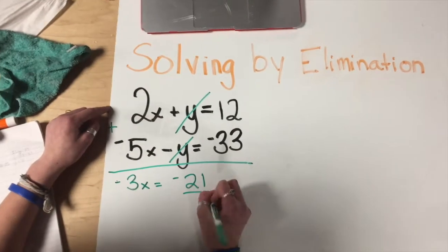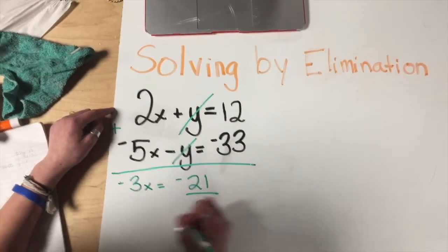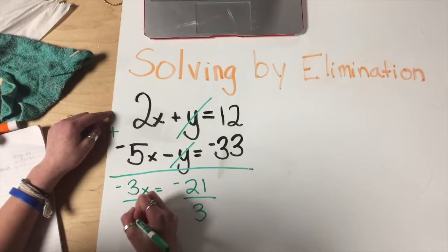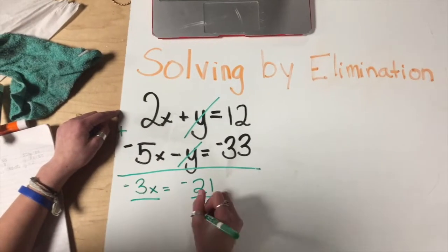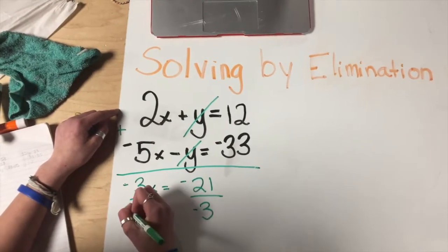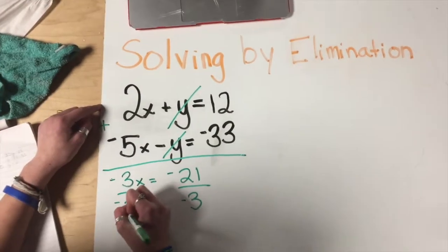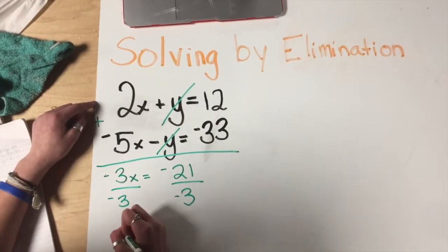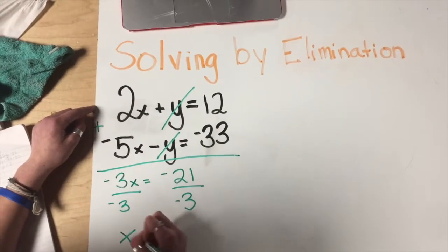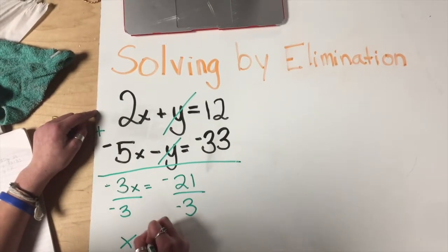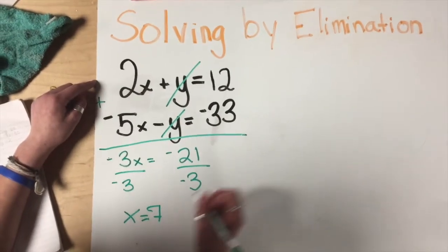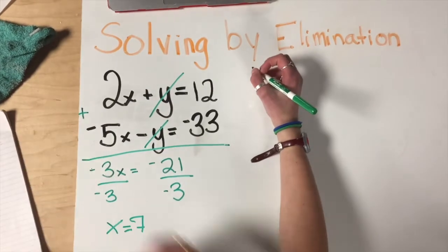Now we're going to divide both sides by negative 3 so we can single out the variable. This allows us to solve for x. As you can see here, negative 21 divided by negative 3 is 7. So x equals 7.